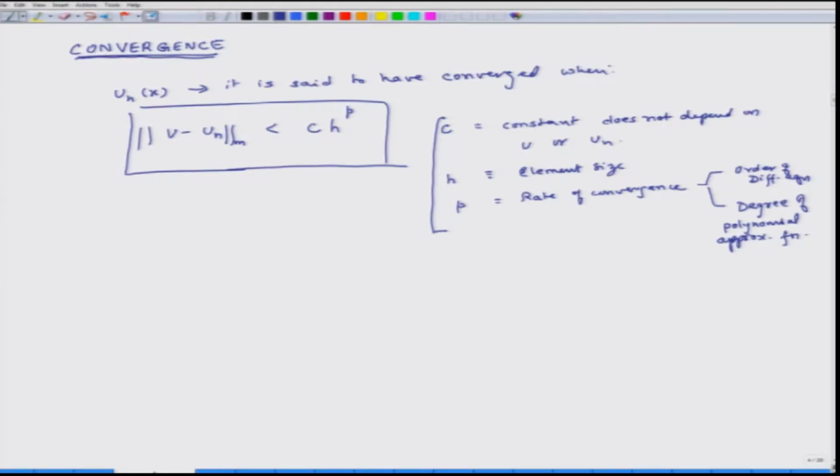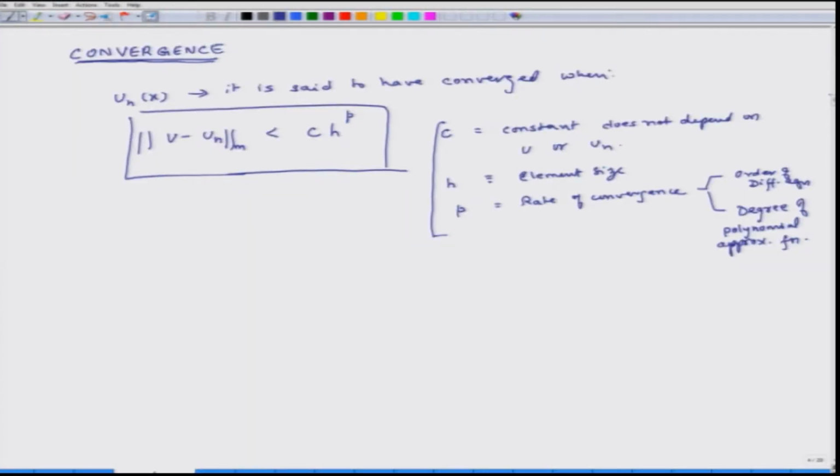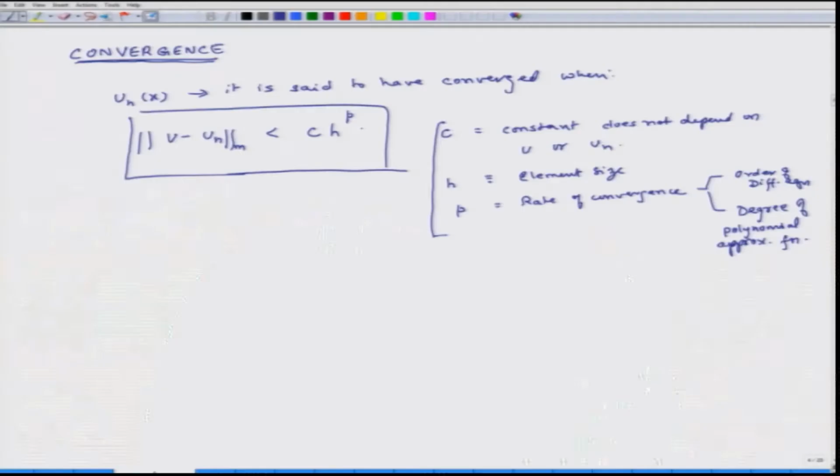But at this stage it is important to understand that convergence is said to have happened when the energy norm is less than or equal to C times h to the power of p. Now what this shows is that I can ensure convergence either by playing with h, or by playing with p.